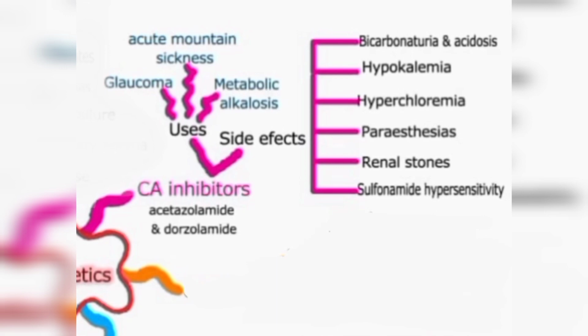Moving to another category of drugs, these are the carbonic anhydrase inhibitors. The example we have here is acetazolamide. Acetazolamide and dorzolamide, their site of action is the proximal convoluted tubule. They inhibit carbonic anhydrase enzyme, thus decreasing the bicarbonate reabsorption in the proximal convoluted tubule.